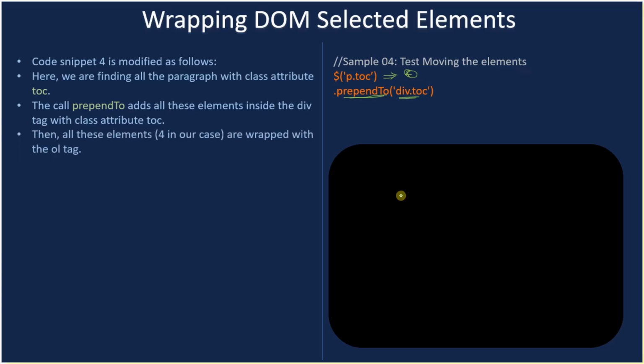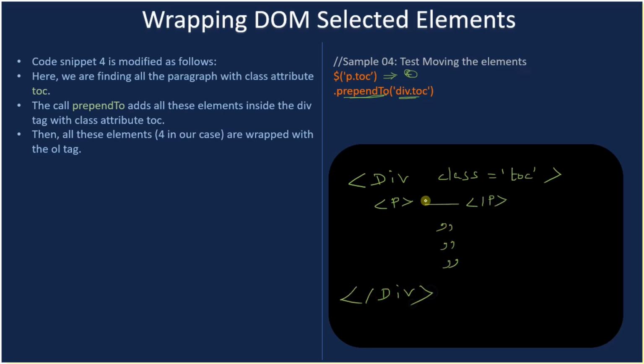Then all these 4 elements are wrapped with the ol tag. So if you see, we have the div tag with the class attribute toc, right? We previously had 4 paragraphs, and we know that this div tag is assigned the CSS style.